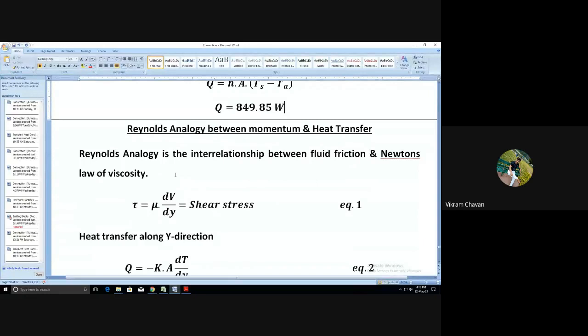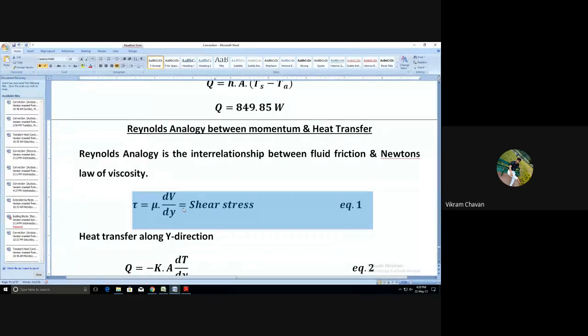According to Newton's law of viscosity, tau, that is nothing but shear stress, is given as mu multiplied by dv divided by dy. Shear stress is directly proportional to the change in velocity with respect to the change in vertical distance.